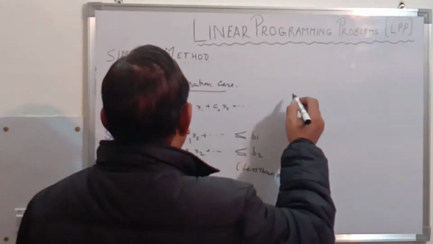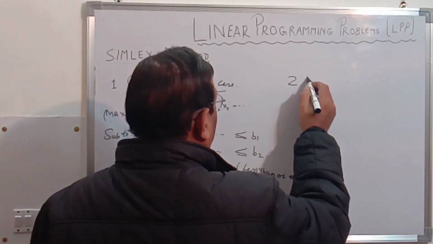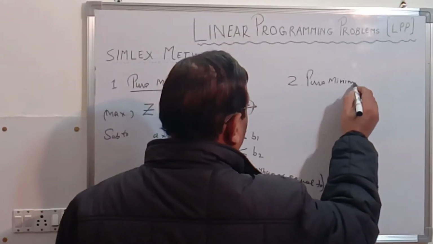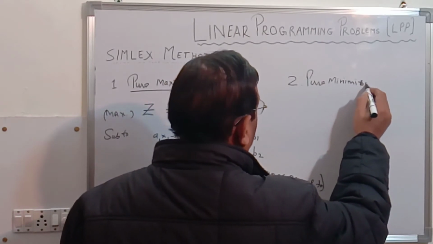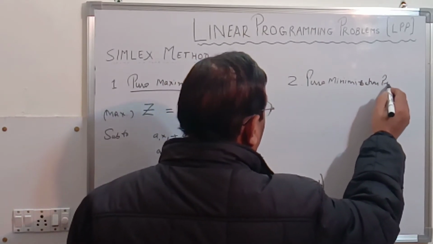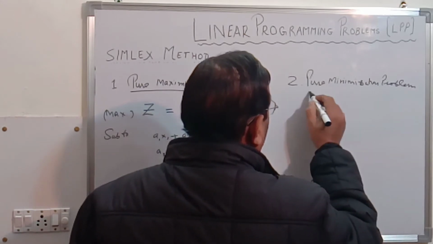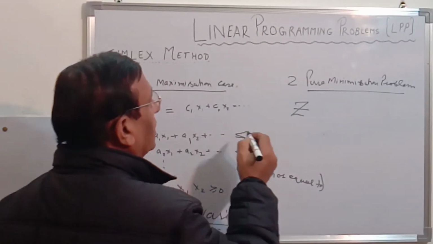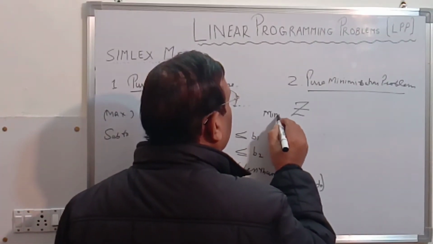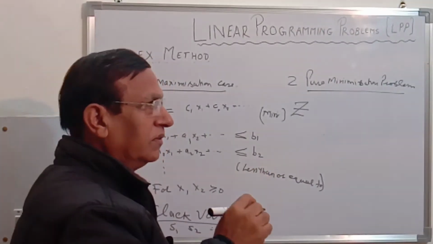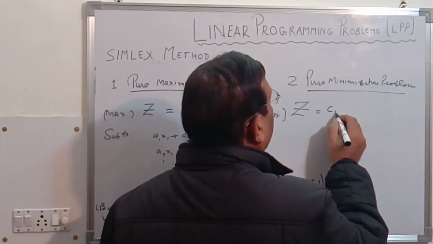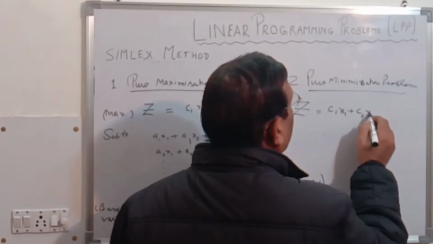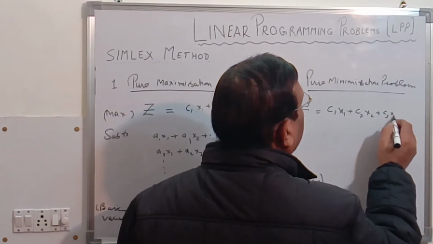Now the second form is the pure minimization problem. In the pure minimization problem, the objective function z is of minimization: c1 x1 plus c2 x2 plus c3 x3, and so on.